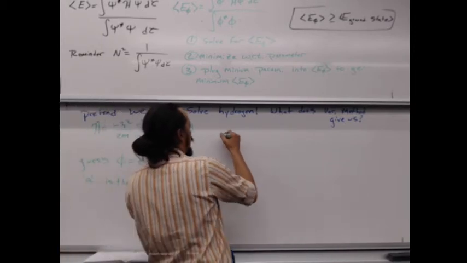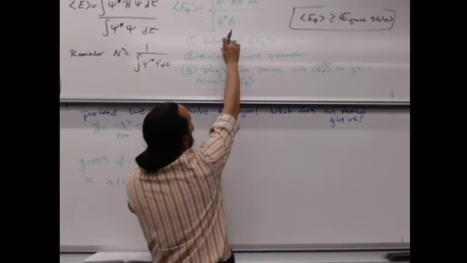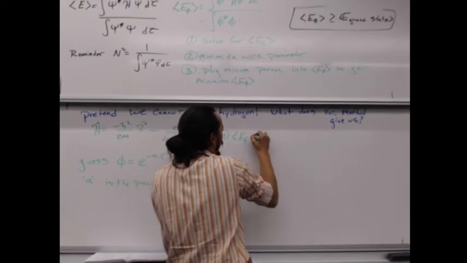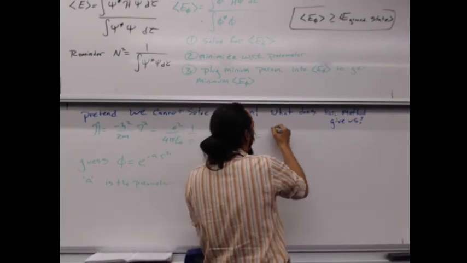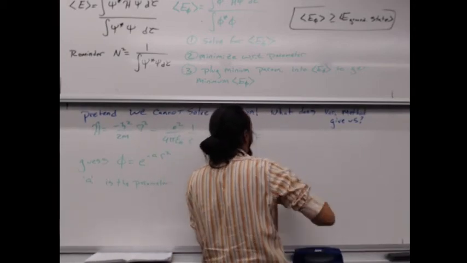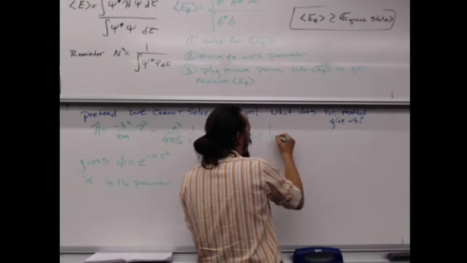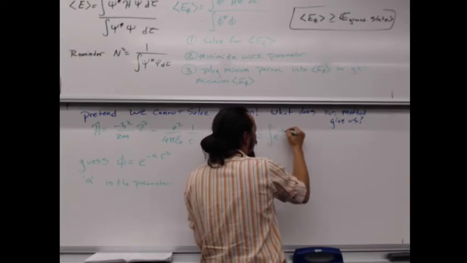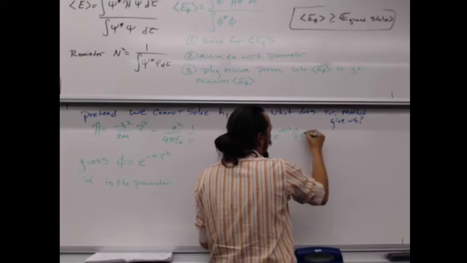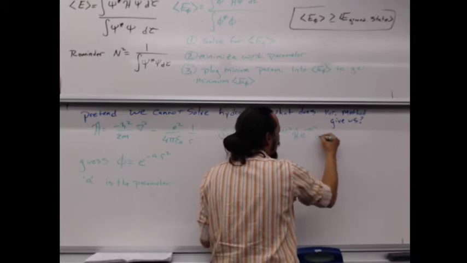Step 1, we're going to solve for E. So this is going to be solving for two parts. We're going to have the integral of e to the minus ar squared, Hamiltonian, e to the minus ar squared d tau.